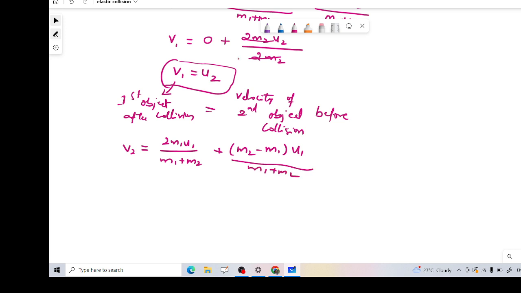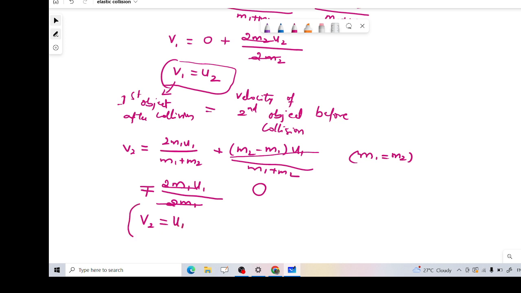So m1 is equal to m2, so this will cancel, this will turn to 0. So what I will get is 2 m1 u1 divided by 2 m1. So this cancels, and what I will get is v2 is equal to u1.